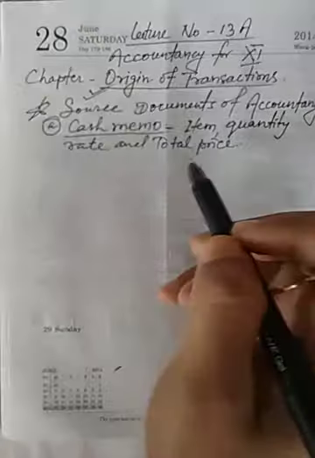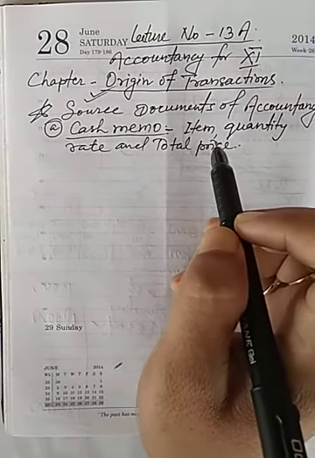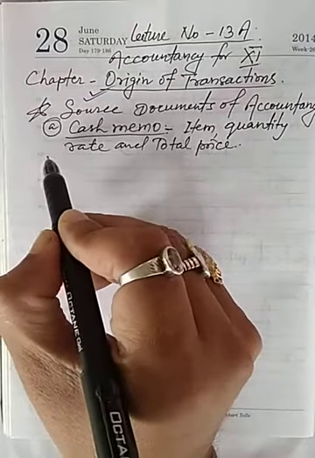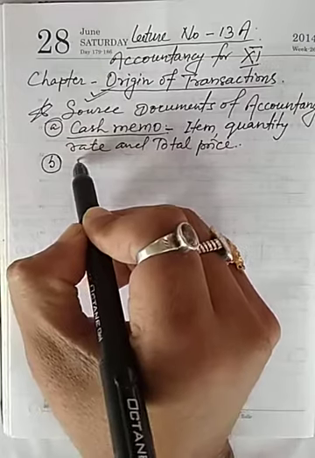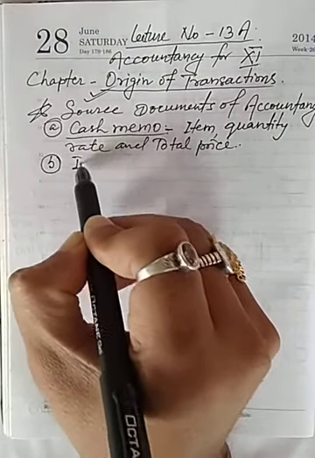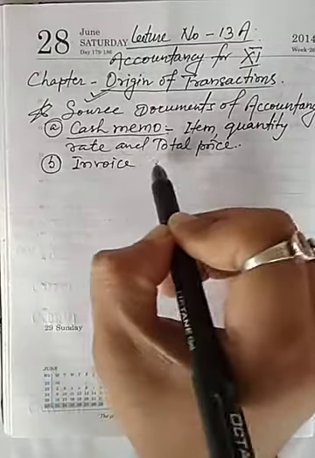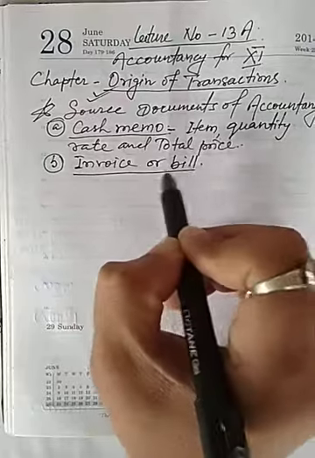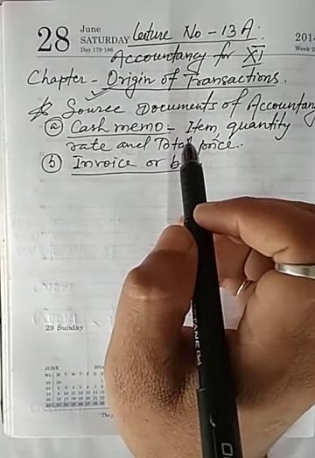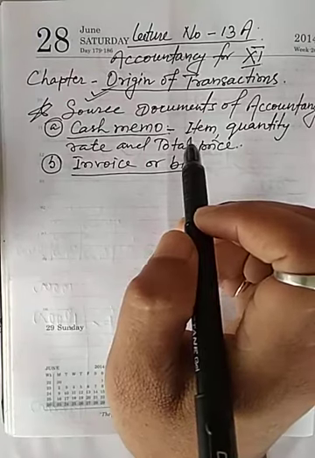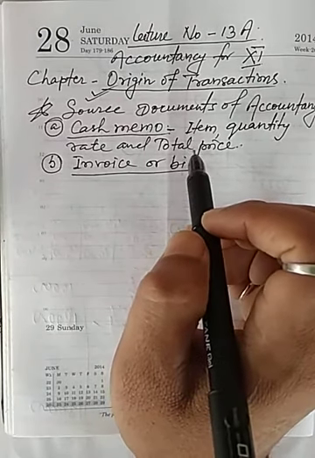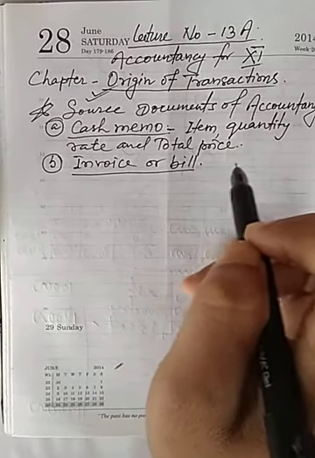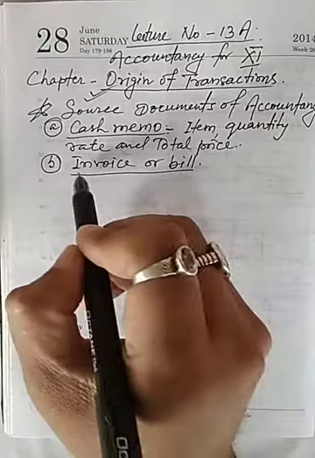Now, the next source document is invoice or bill. When a trader sells goods on credit, he prepares a sale invoice.